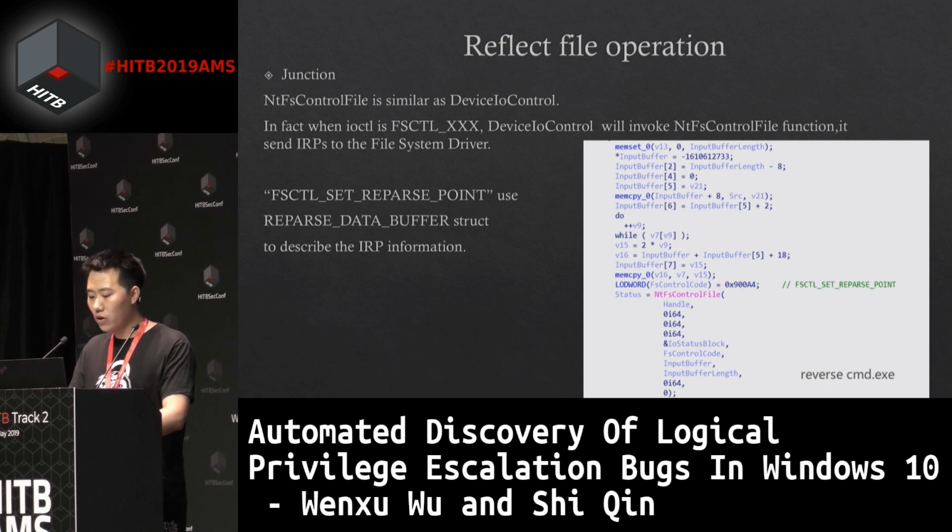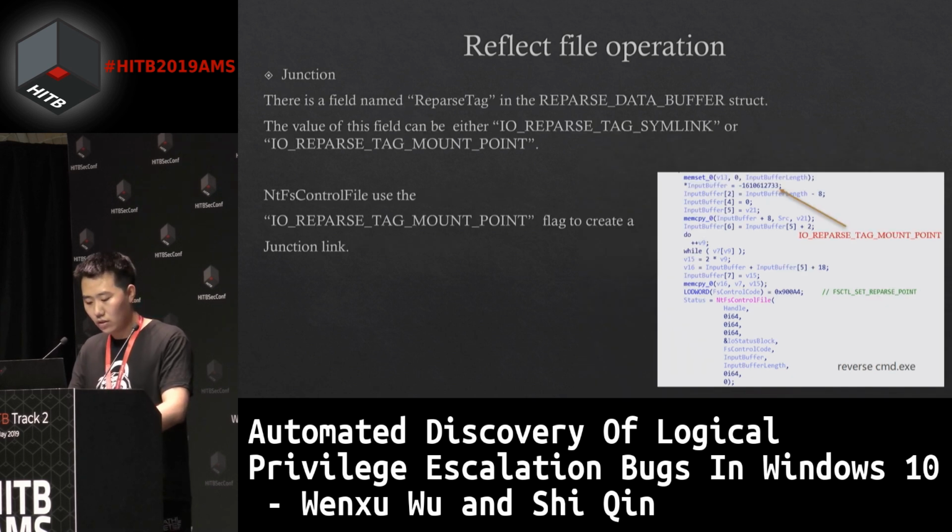According to this figure, we can see it invokes NtFsControlFile with the FSCTL_SET_REPARSE_POINT control code. The input buffer is associated with the control code. When the control code is FSCTL_SET_REPARSE_POINT, the input buffer is a REPARSE_DATA_BUFFER struct.